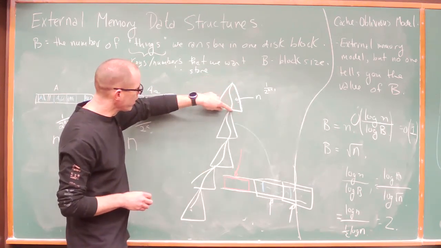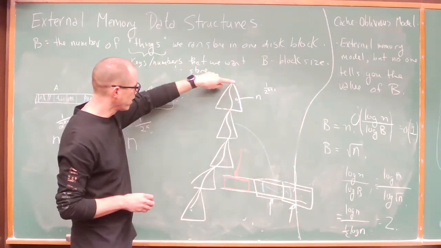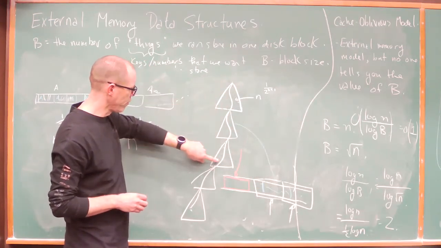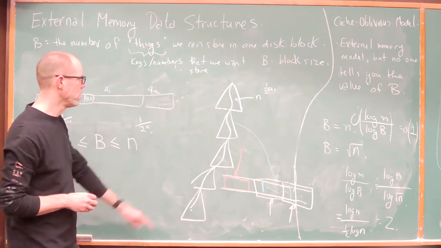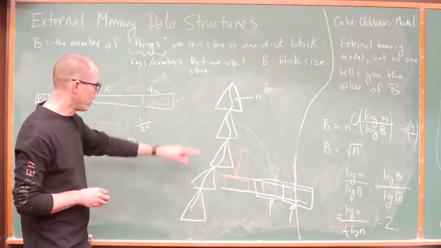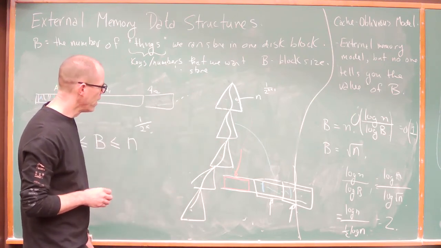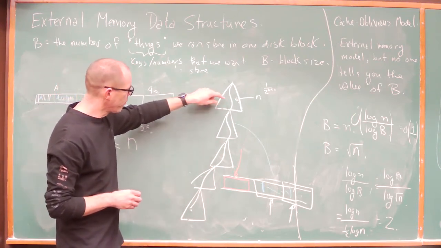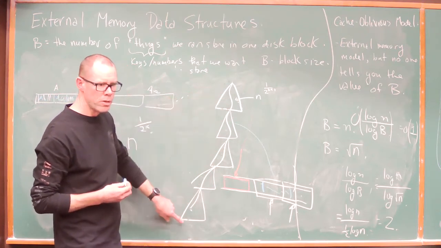In fact, everything along this path will be in at most 2 disk blocks. So for each of these subtrees, I have to possibly retrieve 2 blocks from the disk, or from the cloud, or from the cache, or whatever part of the memory hierarchy I'm looking at. So really, the number of IOs is just the number of these trees that my search goes through.